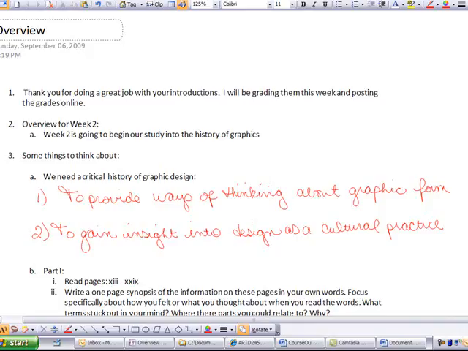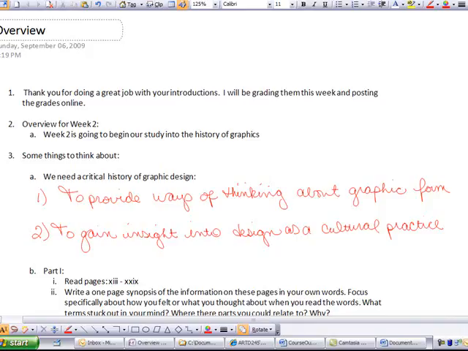Why do they have the things italicized that are italicized? Why do they have the page letters in a lighter gray? Why not black? Why is the text on the right side of the page instead of the center or the left side of the page? Those are the types of things that you need to think about as you're reading through this book and as you're working on your designs itself.